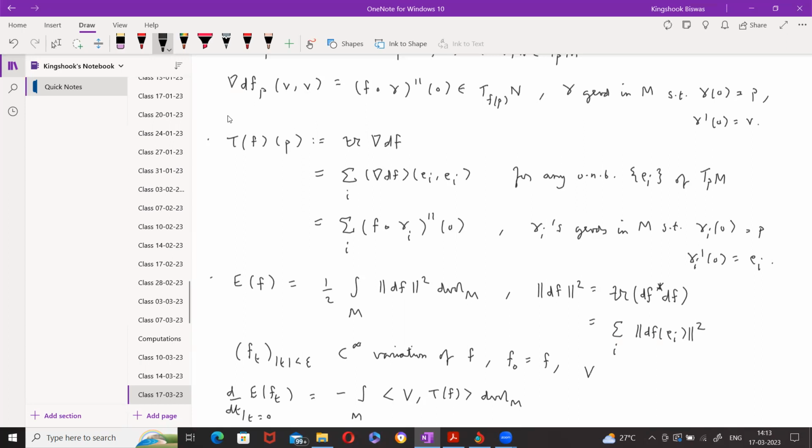This variational vector field V was the partial derivative in t at t equal to 0 of F_t. So this was also a section of the pullback bundle F*TN.